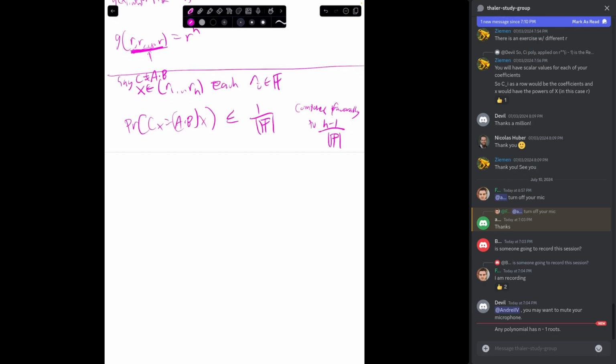And the proof of this is that if you look at the ith entry of Cx, this treats row i of C as an n-variate polynomial of total degree 1, also known as a linear function.